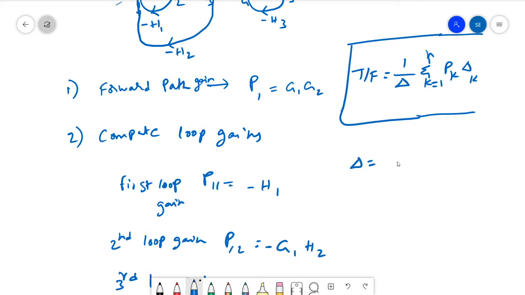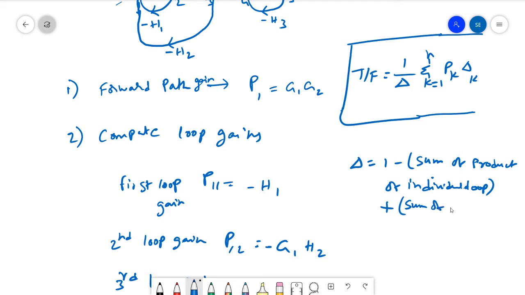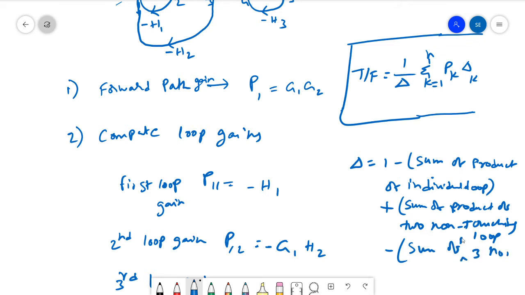Del is given as 1 minus the sum of the individual loop gains, plus the sum of the products of two non-touching loops, minus the sum of the products of three non-touching loops, and so on, right?